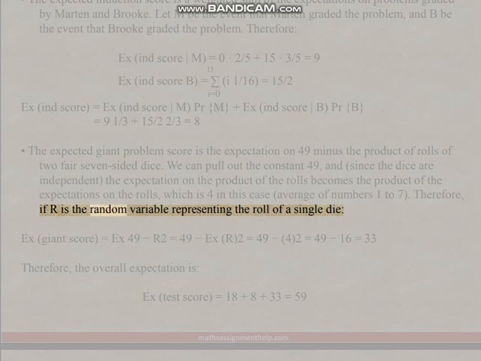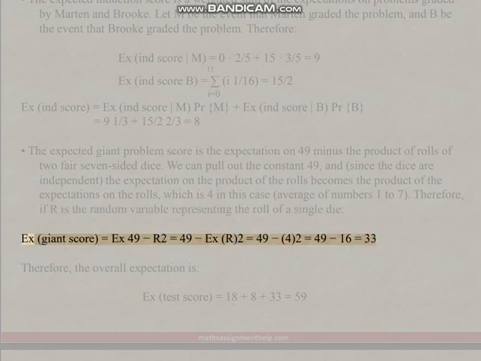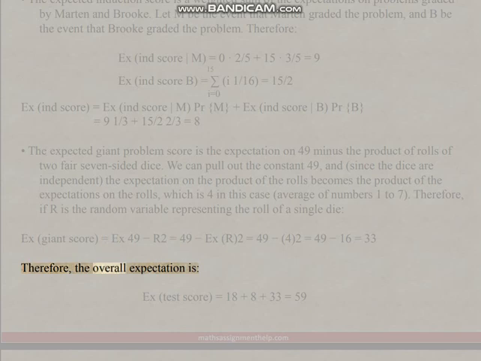Therefore, if R is the random variable representing the roll of a single die, E[giant score] equals E[49 minus R squared] equals 49 minus E[R] squared equals 49 minus 4 squared equals 49 minus 16 is equal to 33. Therefore, the overall expectation is E[test score] equals 18 plus 8 plus 33 is equal to 59.